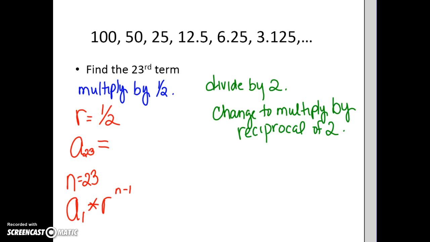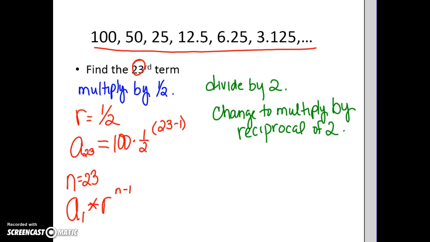A to the 1 is the first term in this pattern. Looking at this pattern, which one comes first? 100, times 1/2, raised to 23 minus 1, since 23 is my n.